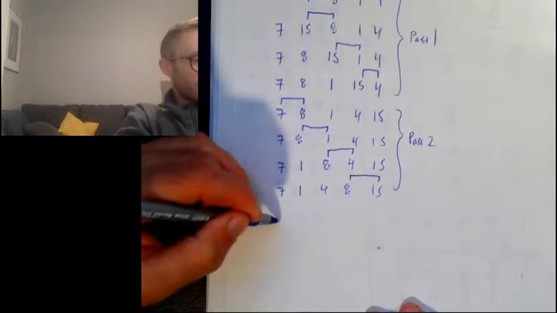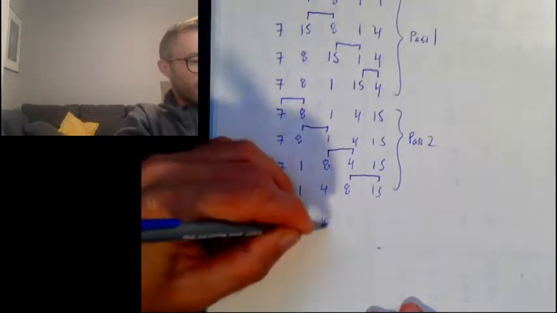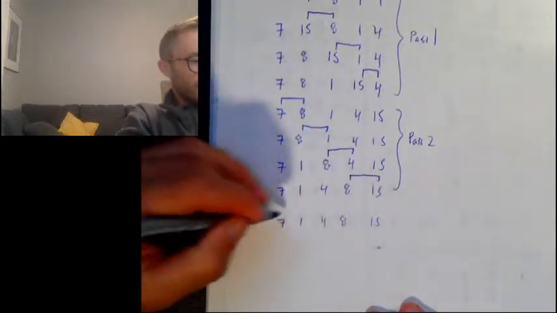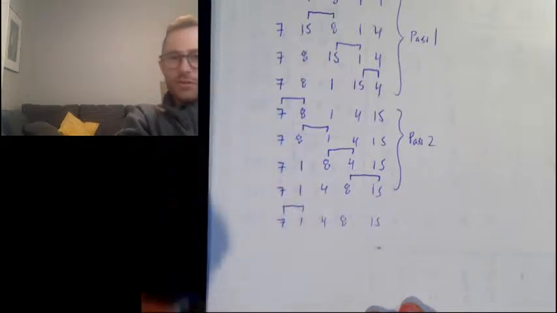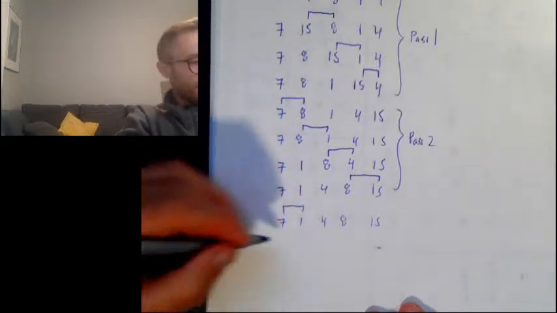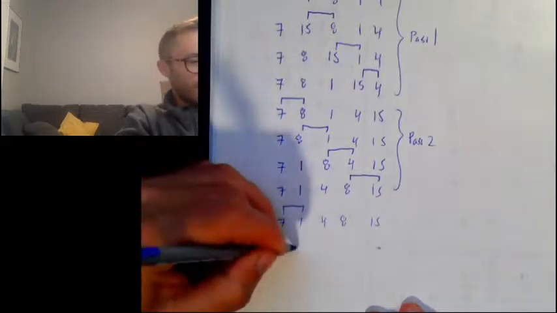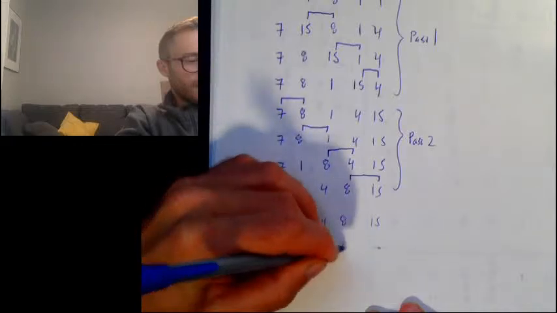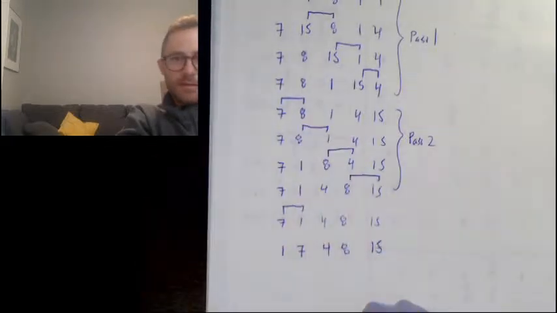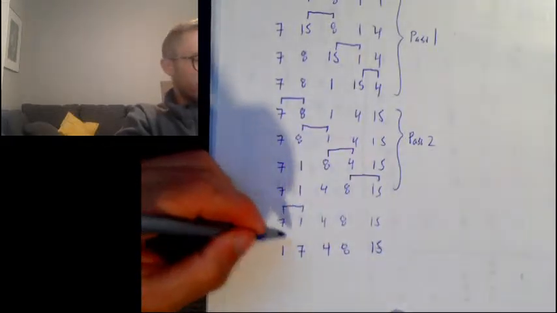So now I pass through again. I have 7, 1, 4, 8, 15. Compare those two. It's out of order, so I got to put them in order. Now I compare the next two.